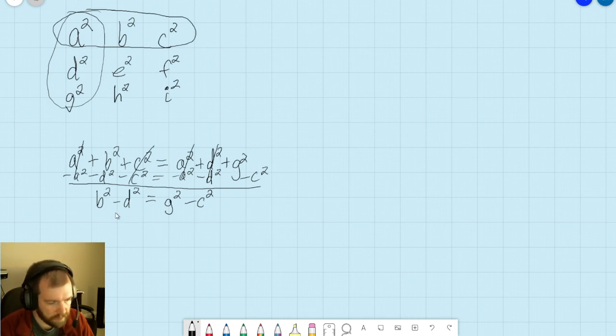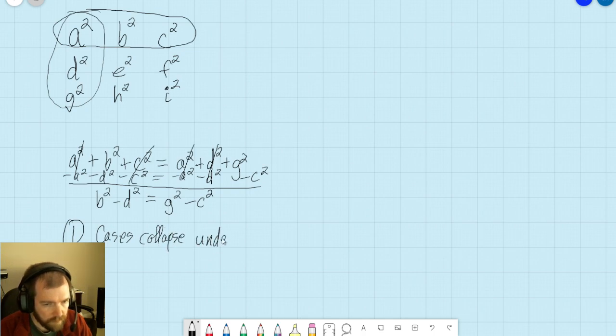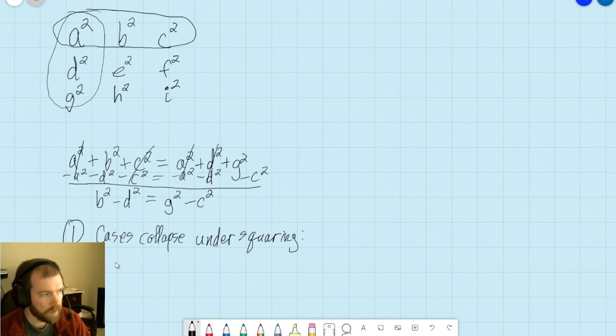All right, so then the first step was to show that the cases that we have to deal with are going to collapse under squaring.